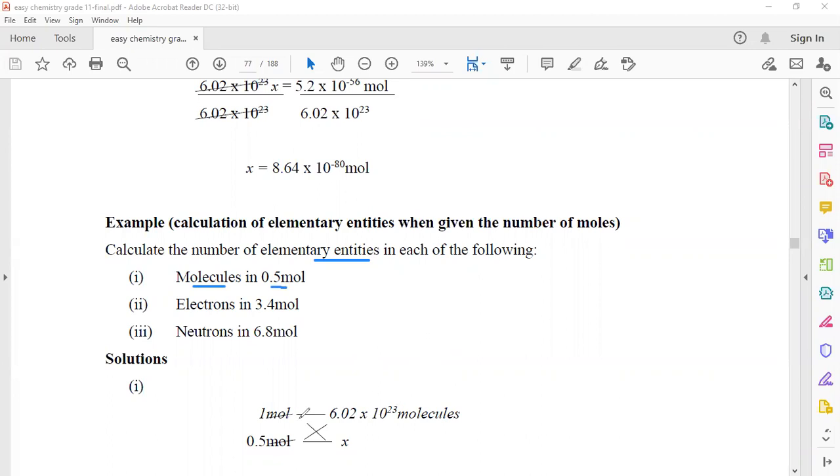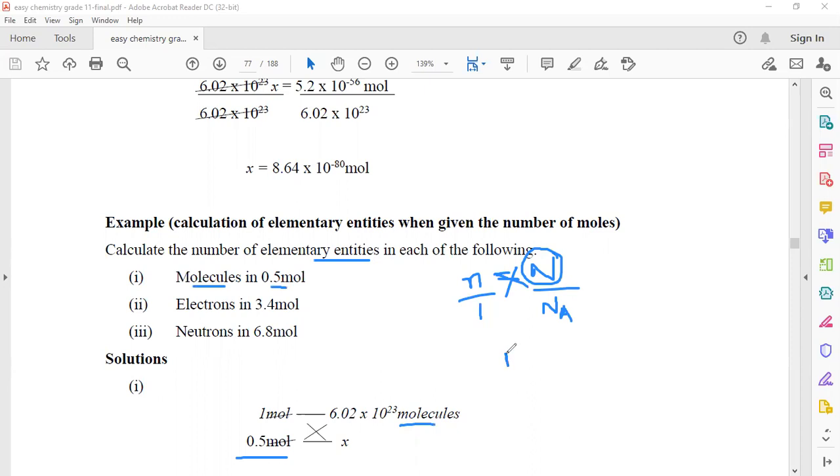State the relationship first. So one mole contains these molecules. What about 0.5? Then you just cross multiply. Or if you're not comfortable, you can say number of moles is equal to n divided by Avogadro's constant. So you're looking for the number of molecules.